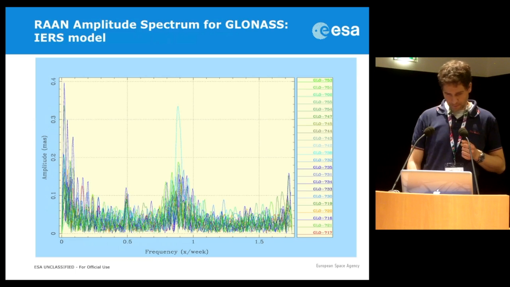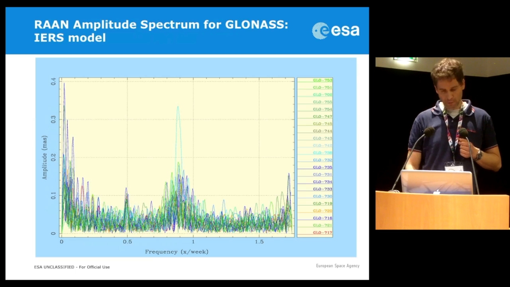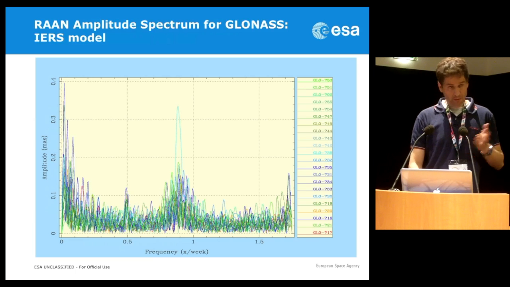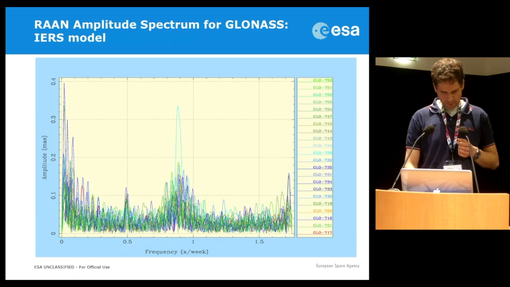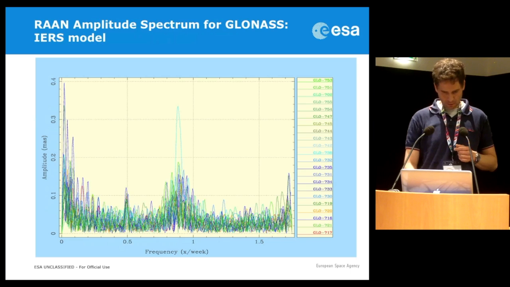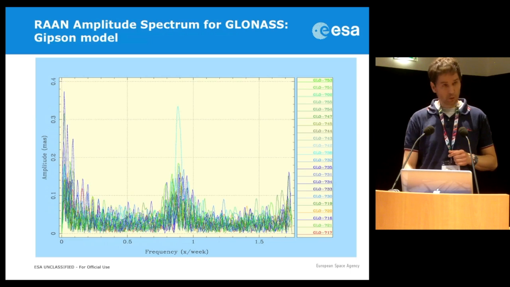You also see that there's lots of power around the 8-day period, which is due to the orbit repeat cycle of the GLONASS satellites. And so we're still doing something wrong here, obviously. Again, this is IERS model based, and when we look at what the Gibson model gives us, you see, can go back again, this peak at the 14-day period is completely gone.